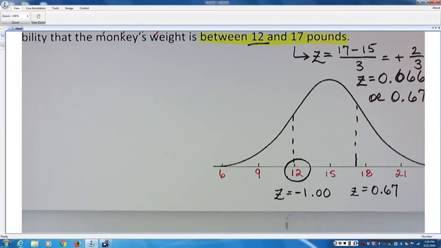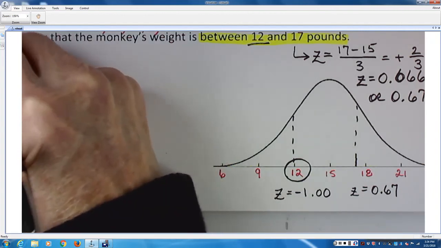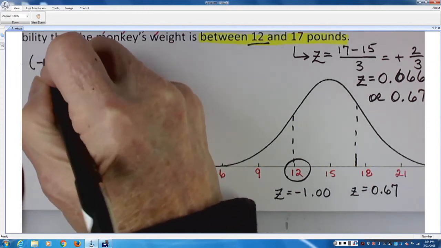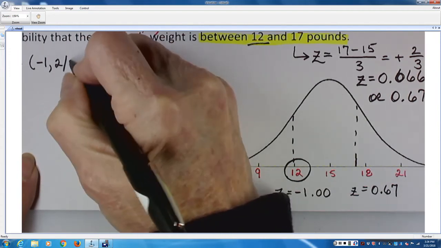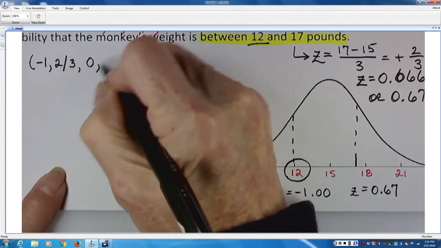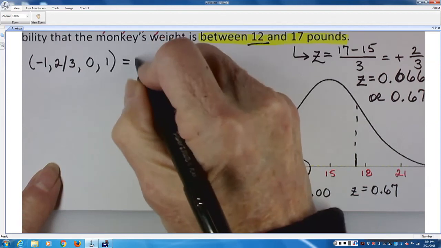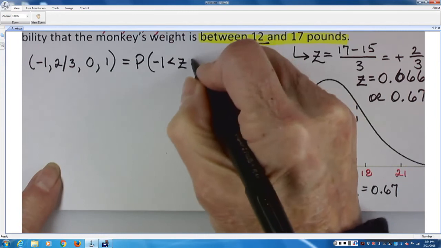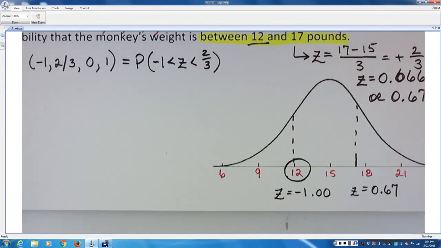So I can find two different things. I can find the area under the curve between a z-score of -1 and a z-score of 0.67, or of 2/3 if I want to be exact, since it doesn't come out even and I don't want to round off. And the mean of the z-scores is 0 and the standard deviation is 1. So that's one way I could do it.